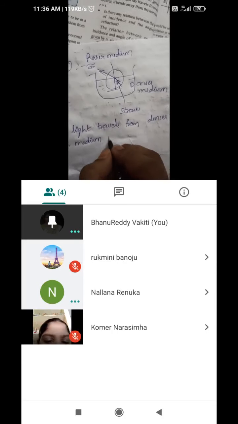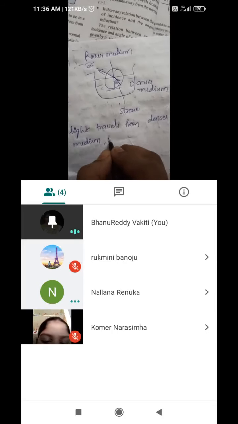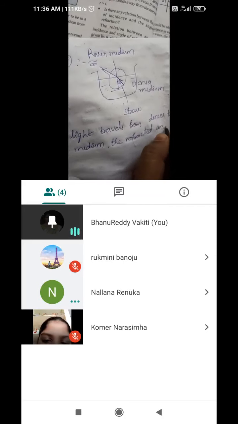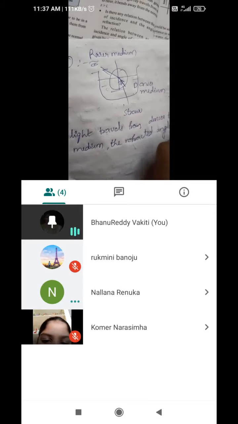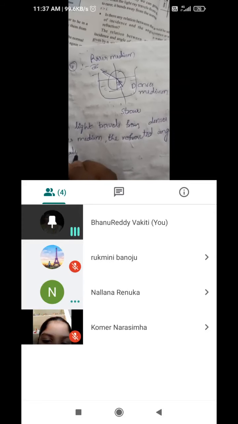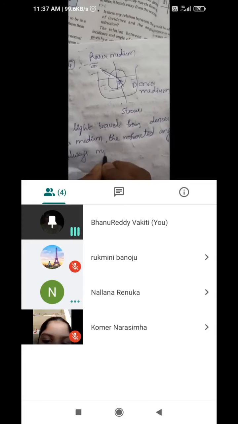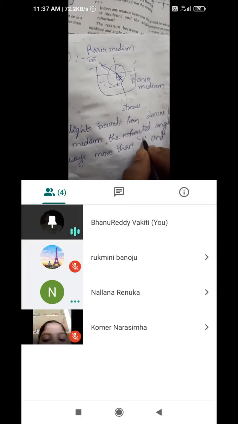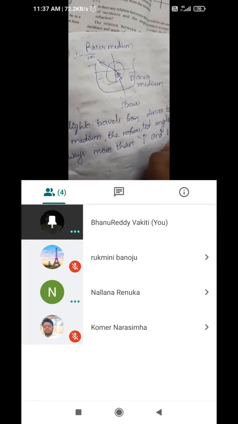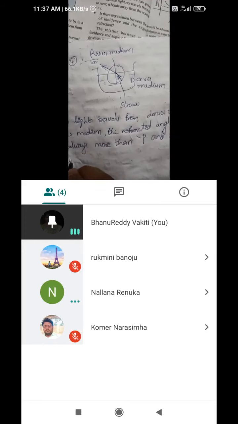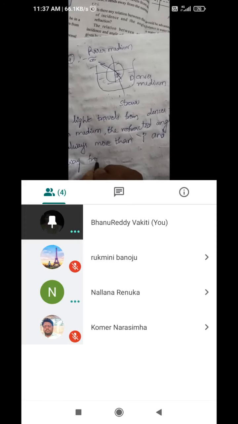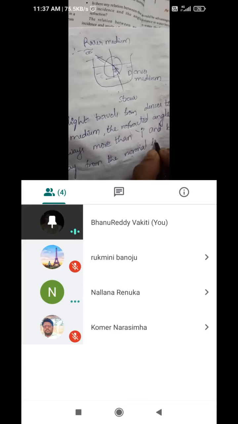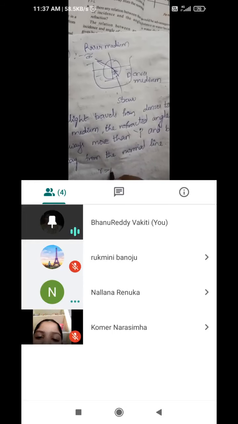Yes, in the rarer medium, the refracted angle R is always more than I, and it bends away from the normal line. So in this case always R is greater than I.